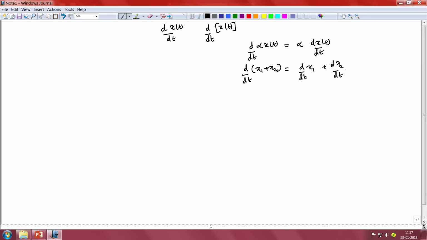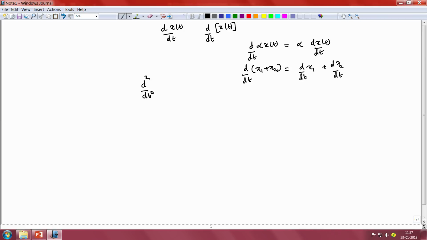So indeed we see therefore that the differential operator is one that also satisfies superposition and scaling. How about the second derivative, d square by dt square, the second derivative with respect to time?